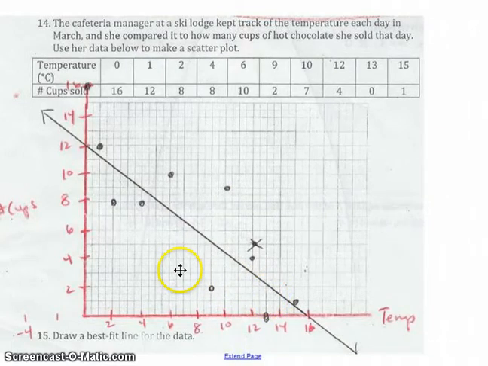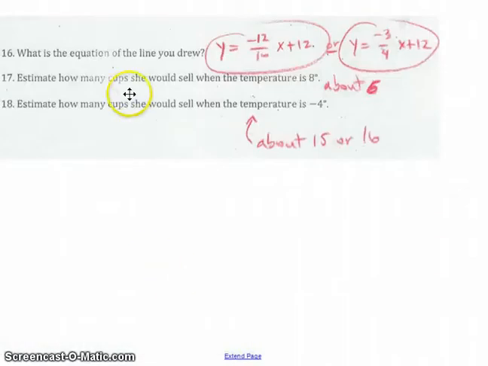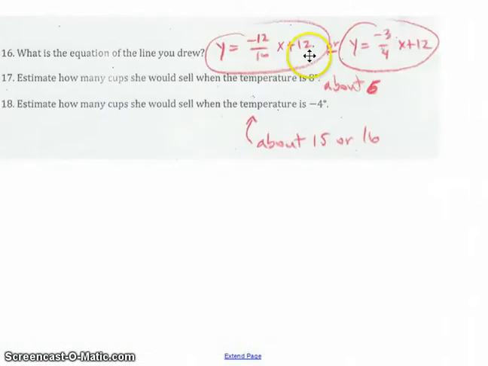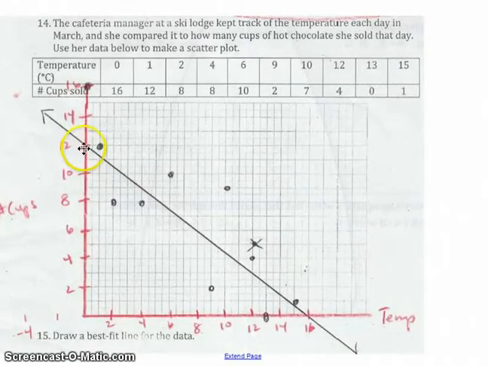So I'm going to have to keep flipping back and forth. Question 16 says, what's the equation of the line you drew? Well, once again, y equals mx plus b says b is my y-intercept, so that's going to be 12, and that's what I've put in both these cases. And m is going to be my slope. Well, in this case, my rise is negative 12 to go over 16.